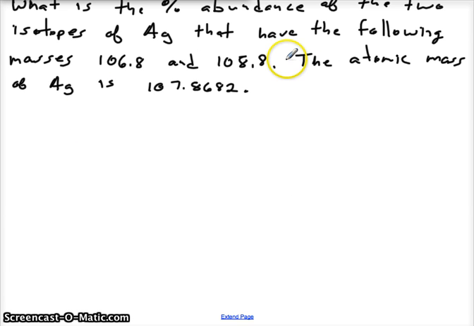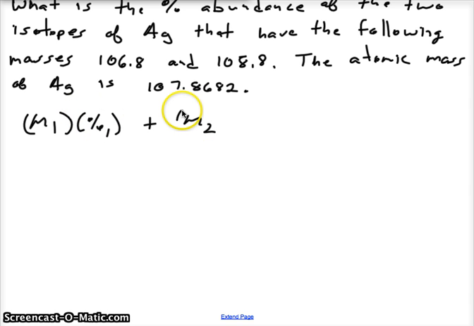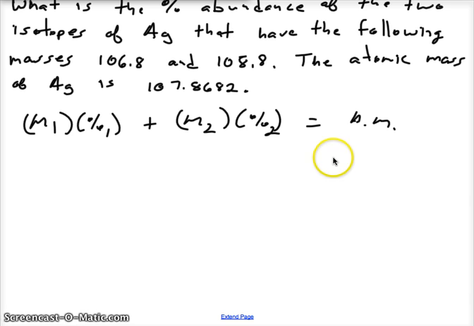What is the percent abundance? How do we find the percent abundances? Well, same equation: M1 percent 1 plus M2 percent 2 equals the atomic mass. And so we're just going to plug in. For the percent abundance of the isotopes of silver, we have a mass of 106.8.